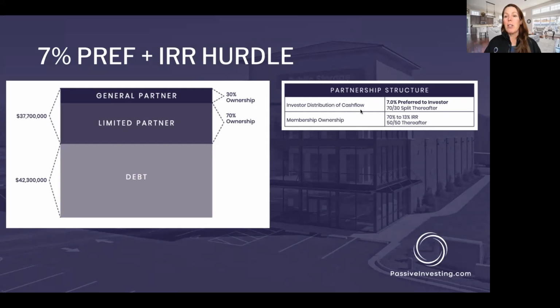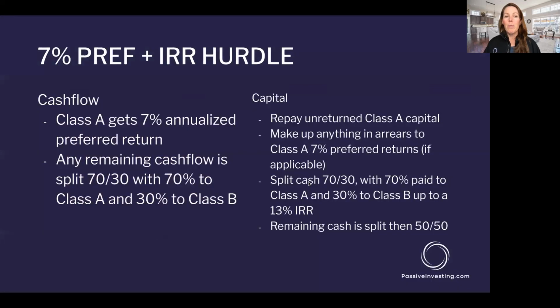Okay, so this is one of our deals. This is a structure that I've already explained to you. This is the text for that. So how the waterfall works: Class A gets a 7% annualized return. Any remaining cash flow is split 70-30 with the GP.